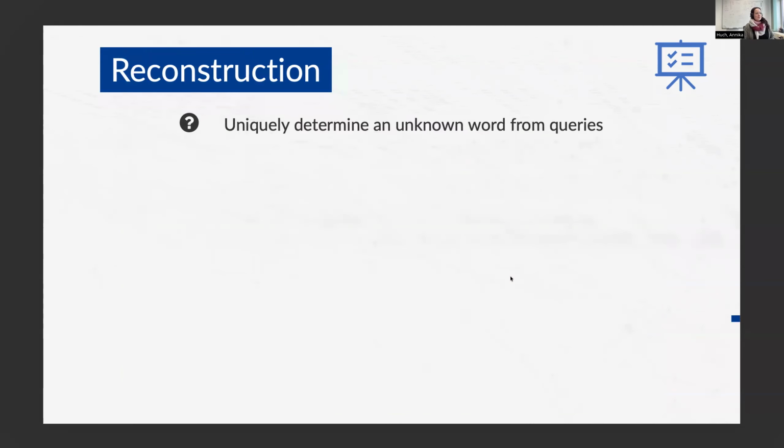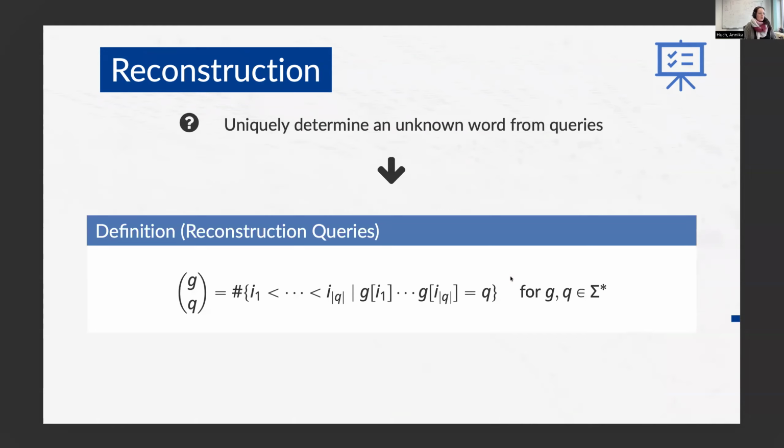The reconstruction problem asks for uniquely determining an unknown word from a set of queries. In our setting, they are subword queries. So we ask, how often is the subword Q contained in the word G? And then we uniquely determine this unknown word G from such queries, for which we retrieve integer values.